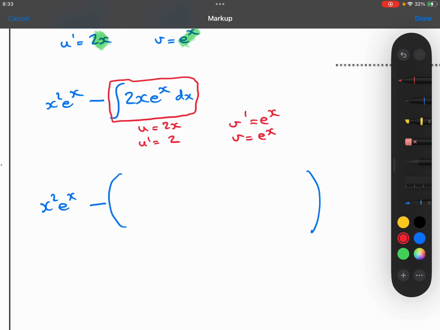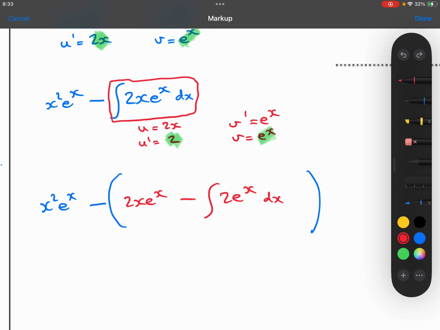Right, applying the by parts formula then, we've got the u times the v minus the integral of the u dash times v. And now, finally, after all of this, I've got this integral in a form that I can actually integrate.